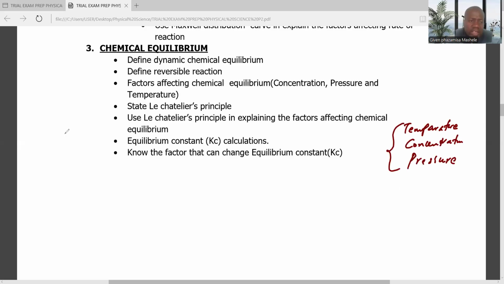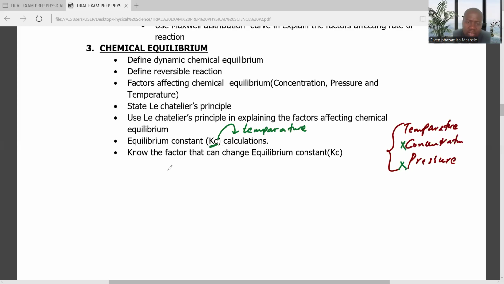But within this, there is one factor that can actually affect Kc. Kc can be changed by changing the temperature. So temperature is the factor that can affect Kc, not concentration and not pressure. Increasing or decreasing temperature will affect Kc. It's very, very, very important.